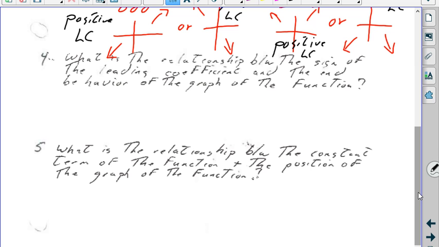Okay, so in an equation like this, the constant term is 3. What feature of the graph corresponds to that 3? Yes, the y-intercept. So the constant term is the y-intercept.